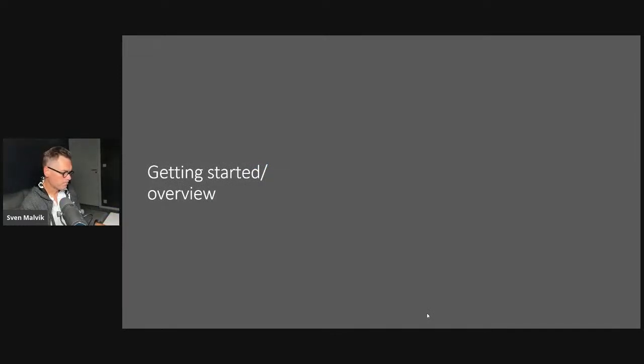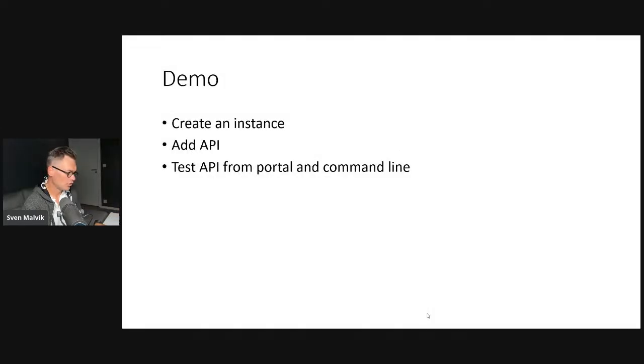So that was how we started working with Azure API Management, going from a centralized approach to a decentralized approach. If it's okay, we will dive into the Azure portal directly, create an instance, apply an API and play around a bit.